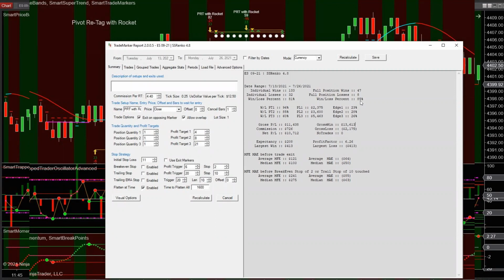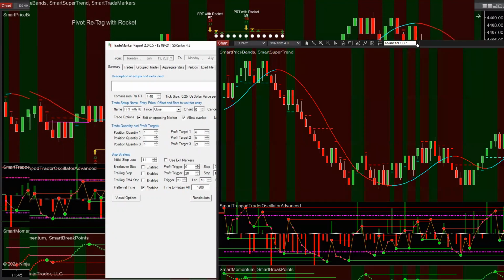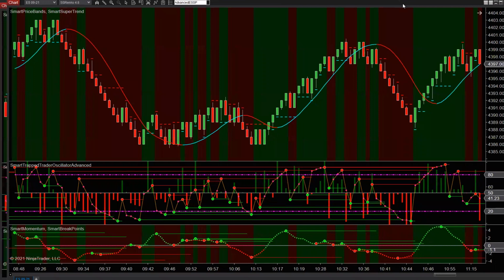Okay. So I'm going to do one more thing. I want somebody to tell me which way this is going. One of the guests. Okay, trap trader oscillator goes down and it comes up and it bounces off the midpoint line and it goes down with all of these people on the wrong side.